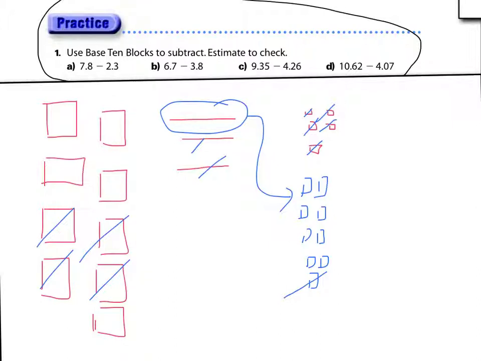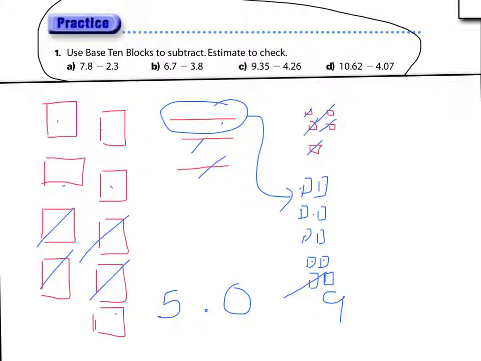So I am left with here 1, 2, 3, 4, 5, 6, 7, 8. Oh, wait a minute. 9, because I should have made this into 10 and taken 1 away, so I should be left with 9 here. I have none here. I have 1, 2, 3, 4, and then 5 down here. 5 decimal 09.